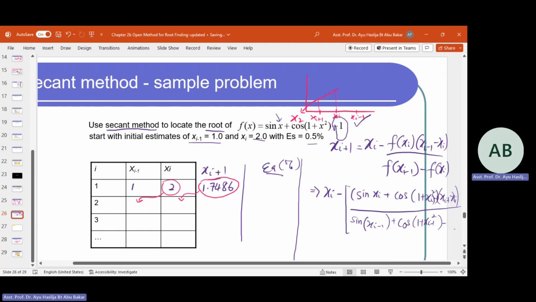So that's why the xi over here will form xi minus 1. Now later on, the xi plus 1 for the second iteration will move to the xi. So this one will move to xi minus 1.